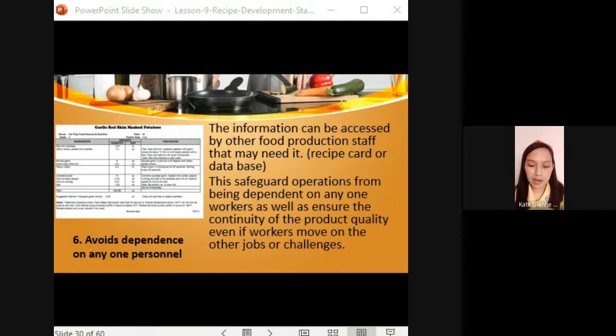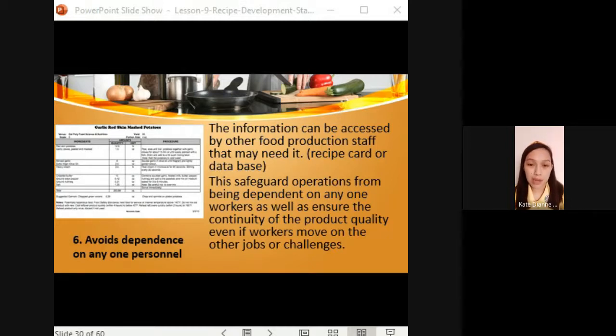Kasi 'di ba may mga chef tayo na personal chef especially sa mga mayayaman, 'di ba? Pagka may ganong personal chef, siya lang yung makakaluto nung dish na yon since siya lang yung nakakaalam nung recipe niya.